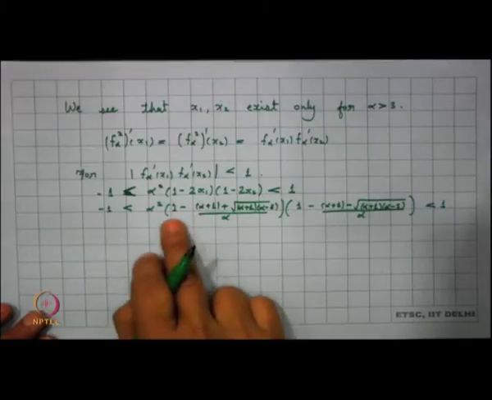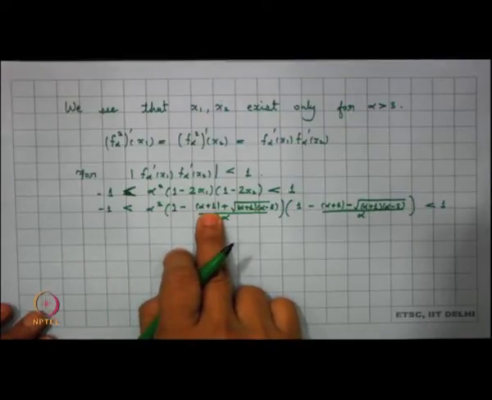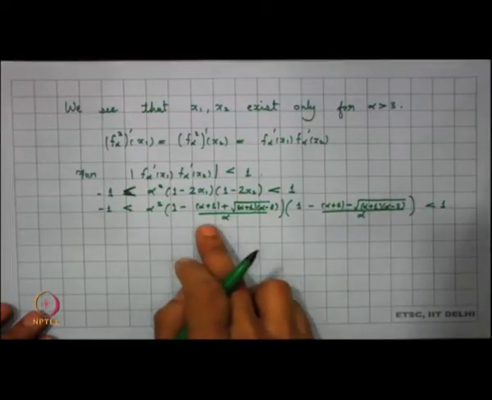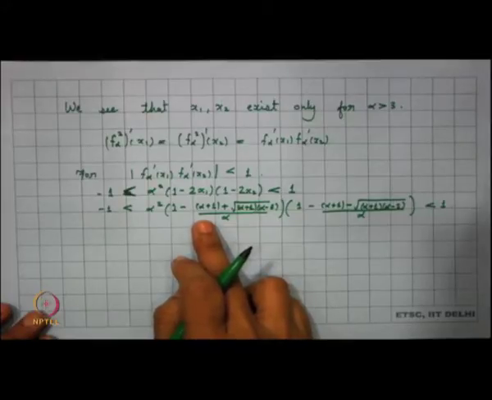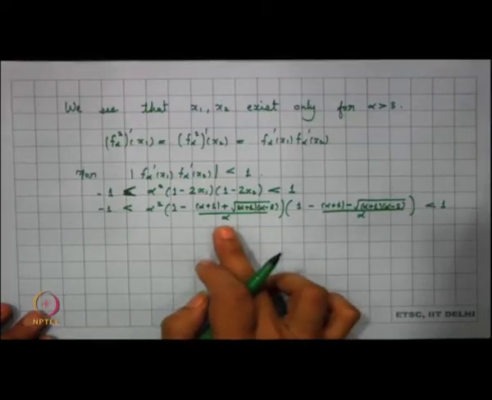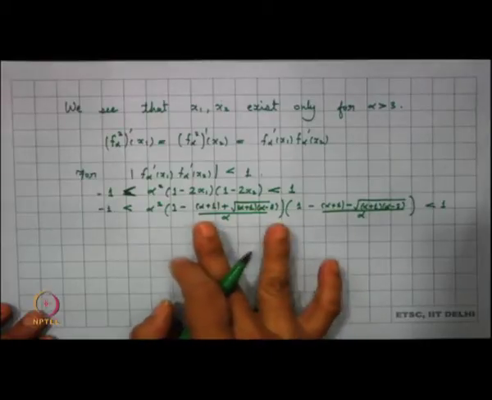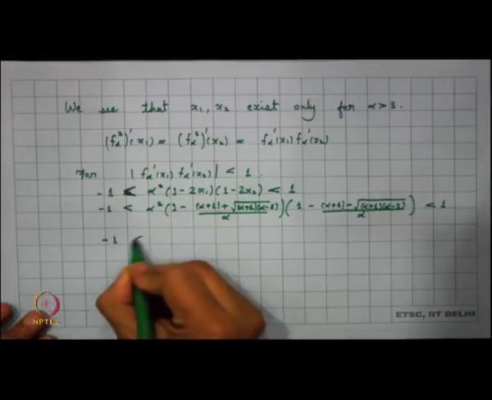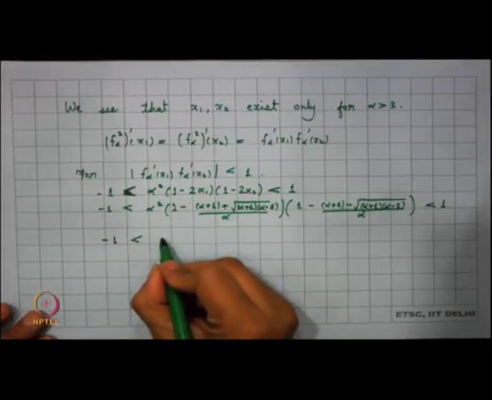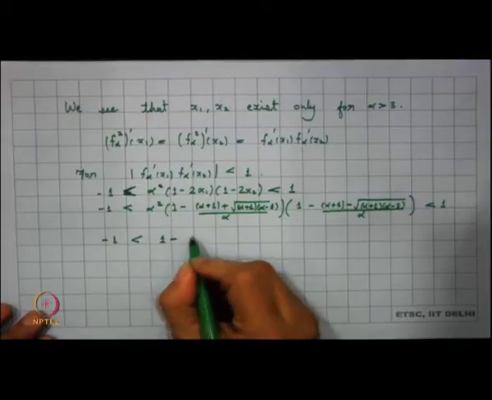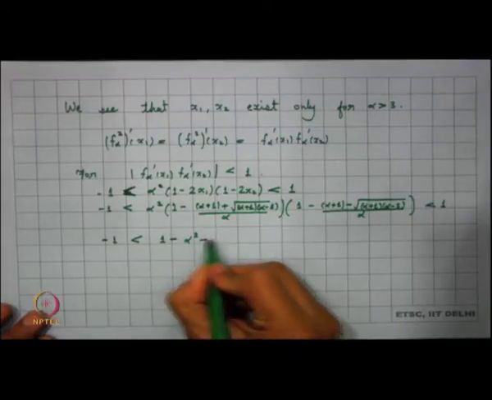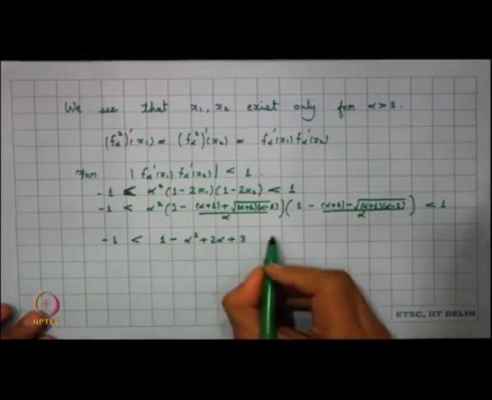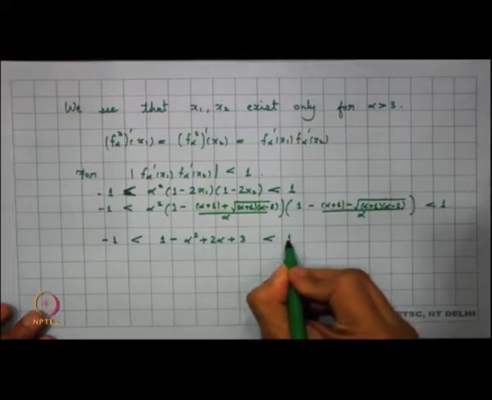Then what I have is alpha minus alpha plus 1, which essentially turns out to be minus 1, and then I multiply these two factors. Simplifying, I get that this is 1 minus alpha square plus 2 alpha plus 3, and I want this to be less than 1.